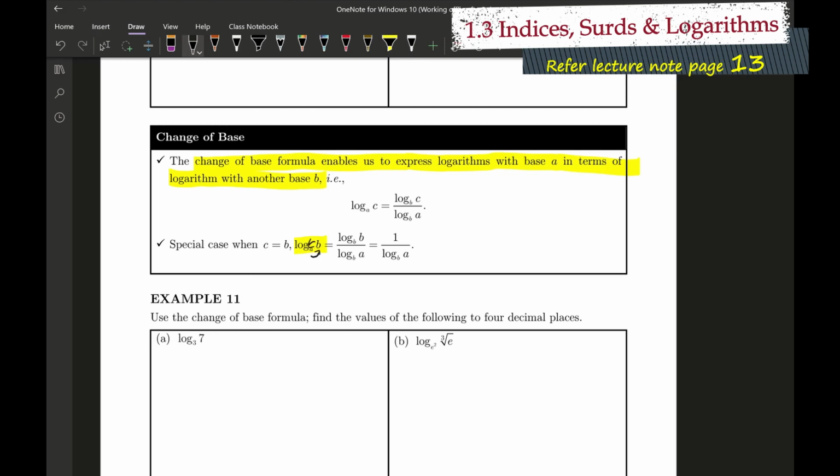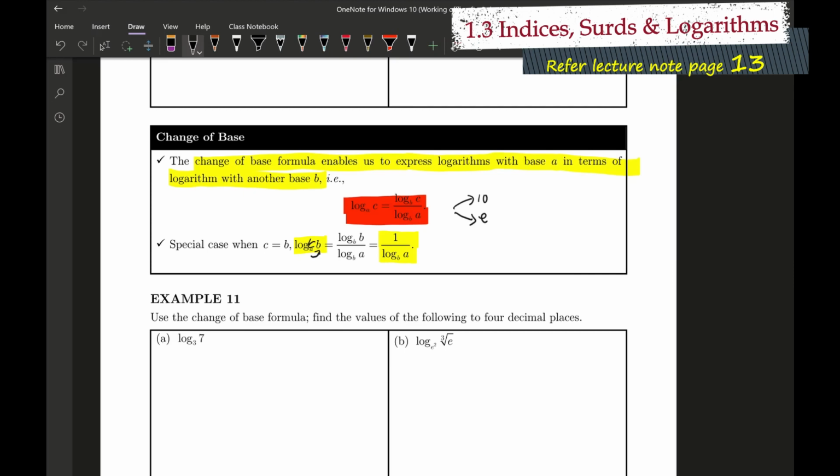If A becomes B and B becomes A, it will become 1 over log_A B. So there are two types of change of base, depending on what is suitable, depending on what the question gives you. Either you change everything, meaning using log base e or base 10, either one can.